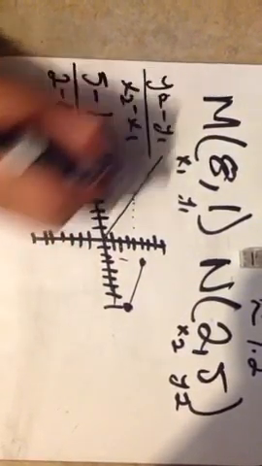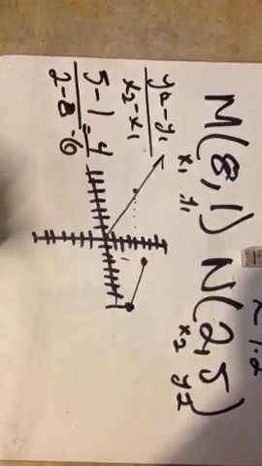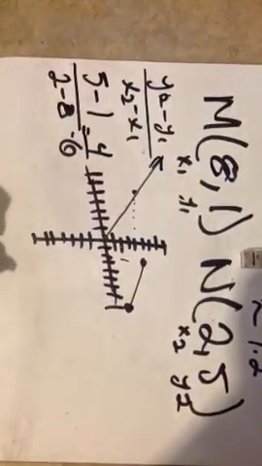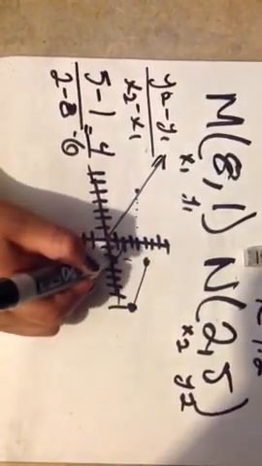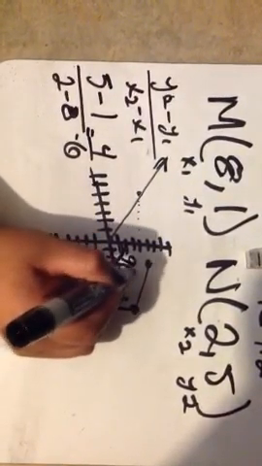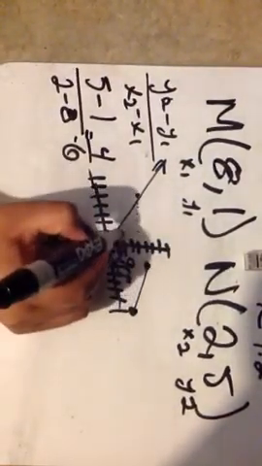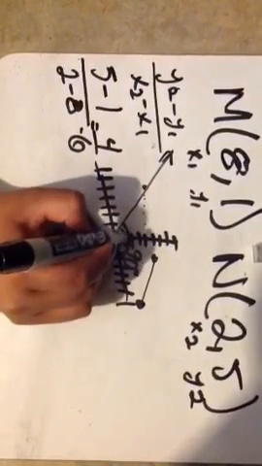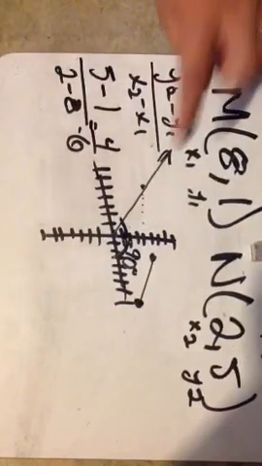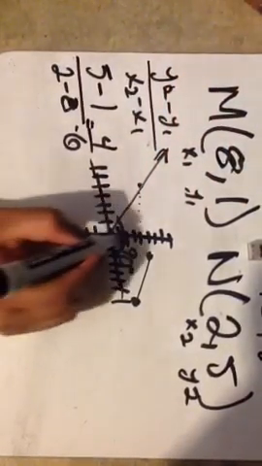We connect the dots, and we know that each section is 90 degrees. Now what we have to find is what degrees is this section right here.